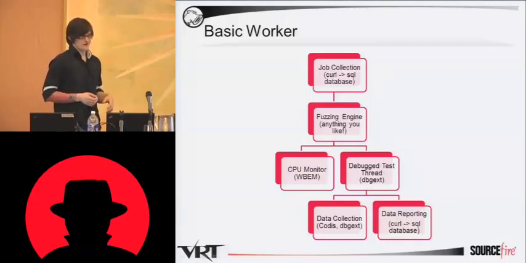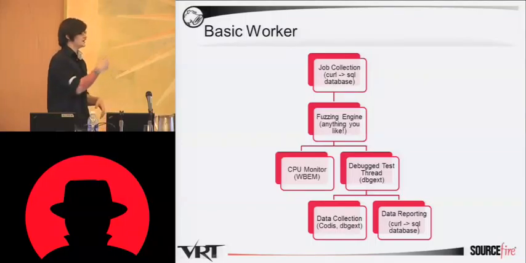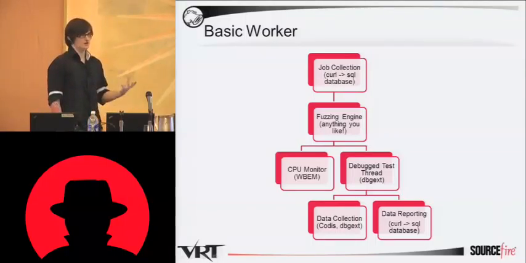So in our case, we pull in a DLL, and that DLL gets a script that tells it how to do the mutation or how to do the generation or what needs to happen, and then it'll spawn 2 threads. One is going to be the debugging test thread, which is watched with the debug extension stuff, and another is going to be a CPU monitor to decide when we're done looking at this thing.